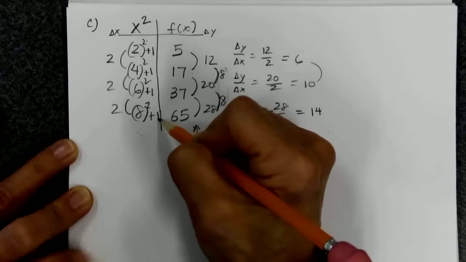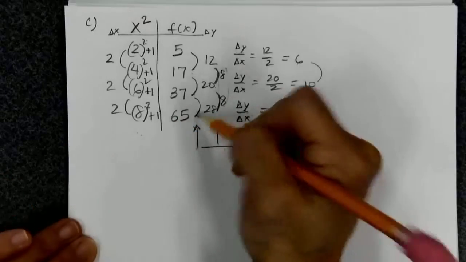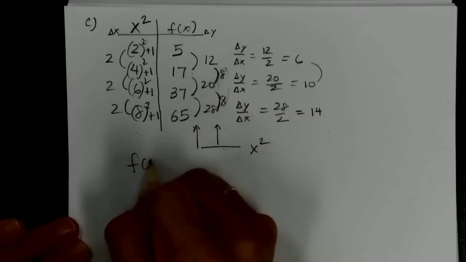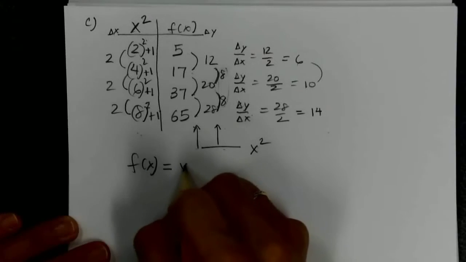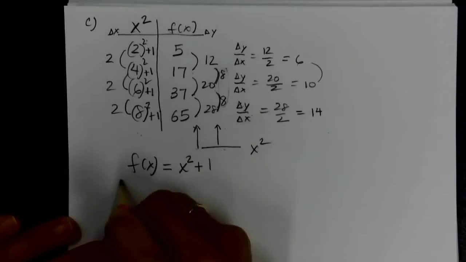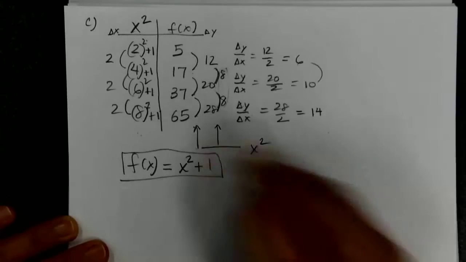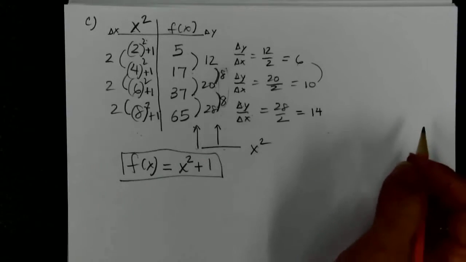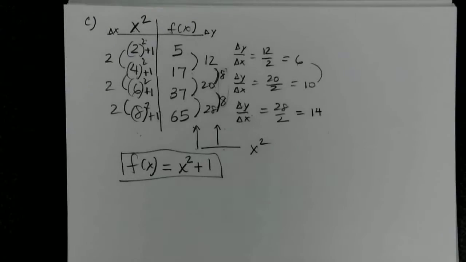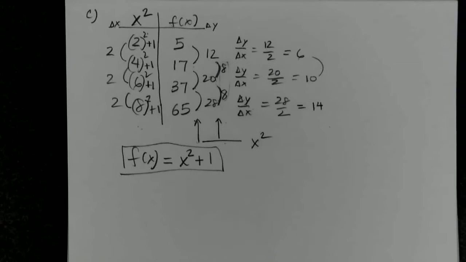And 8 squared plus 1, 64 plus 1 is 65. So my f of x is equal to x squared plus 1. So 2 loops make it an x squared. So those are some examples of how to take a table and write a function rule.